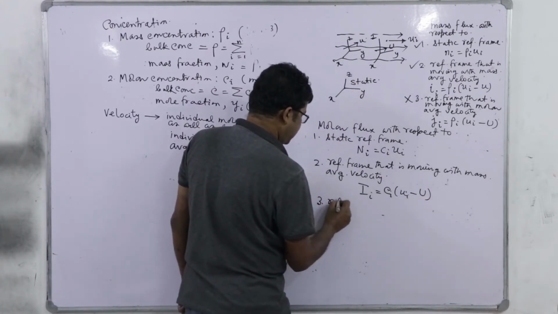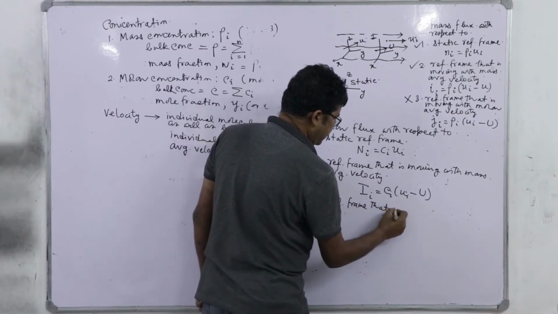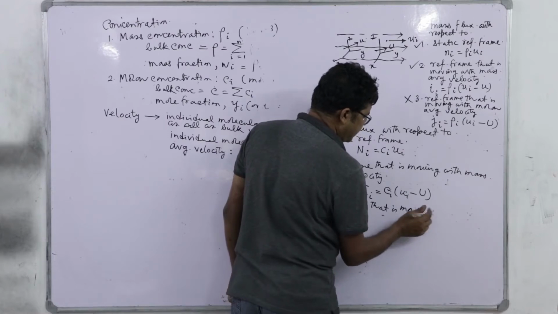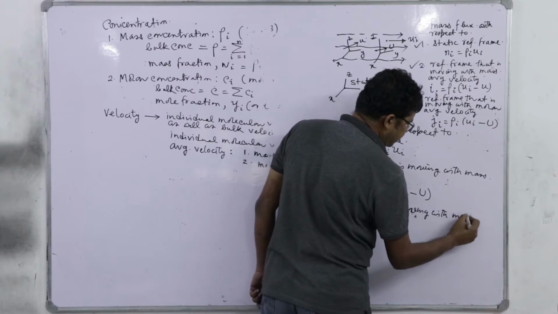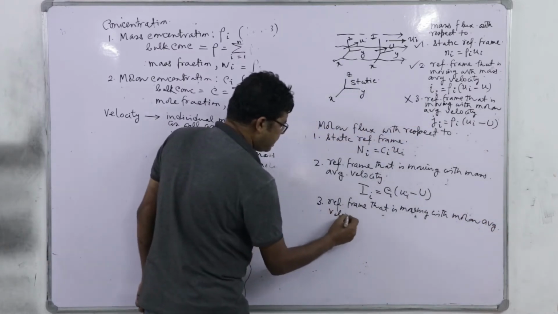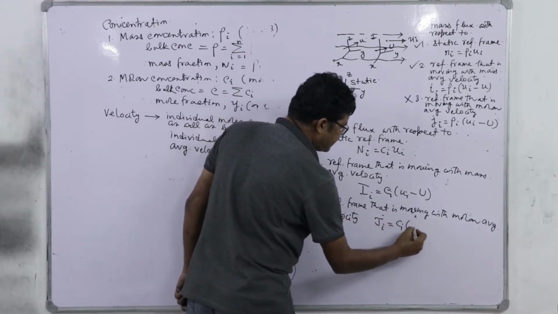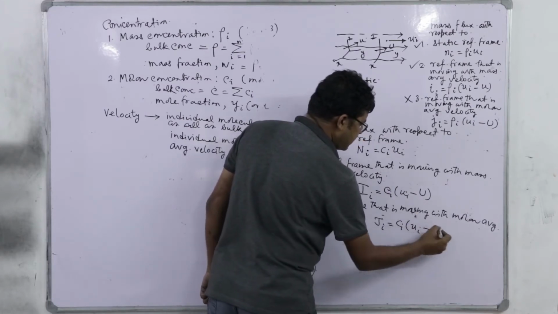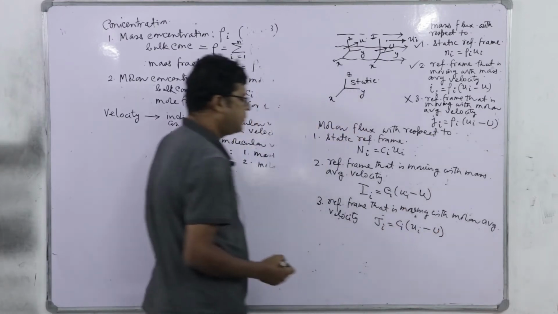And third, a reference frame that is moving with the molar average velocity, capital Ji equal to Ci into ui minus capital U. This is small u, this is capital U, right.